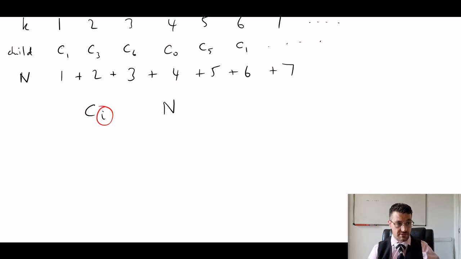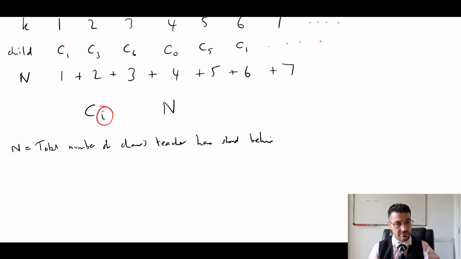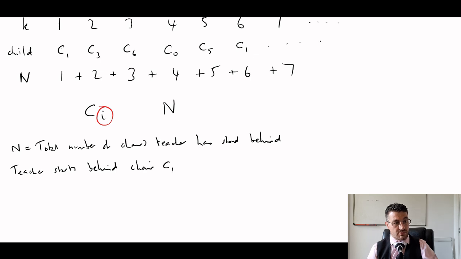So n is the total number of chairs that the teacher has stood behind. The teacher starts behind chair C1, in which case n is equal to 1.